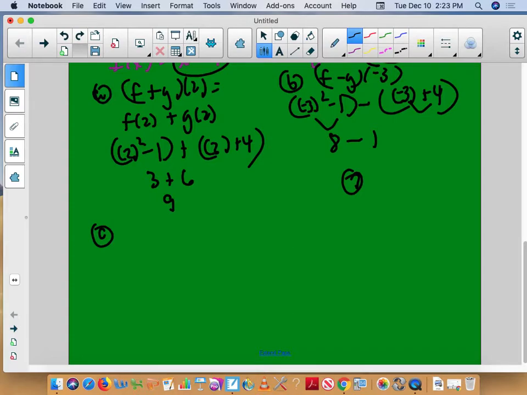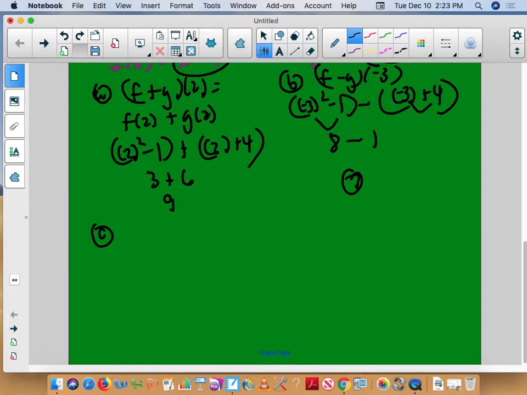Oh, okay, sorry. Okay, that's what I said, if you don't put parentheses, you're gonna miss it. All right, because negative 3 times negative 3 is 9.